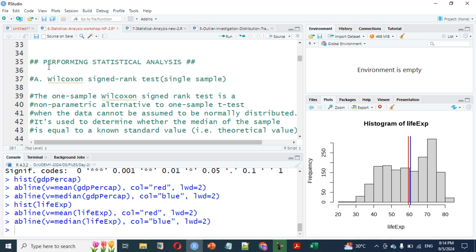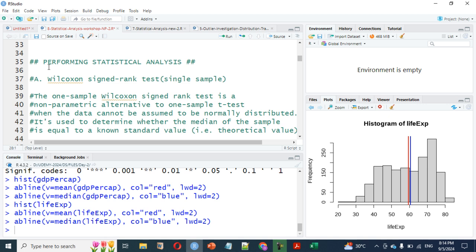Now let's look at non-parametric tests step by step, starting from the first one, the single sample test. We have a single sample test as well, which we did before under parametric tests. But under non-parametric tests we apply the same thing. One thing you must understand about non-parametric tests is that they don't use the mean as parametric tests usually do. They use the median, because they are based on ranking.